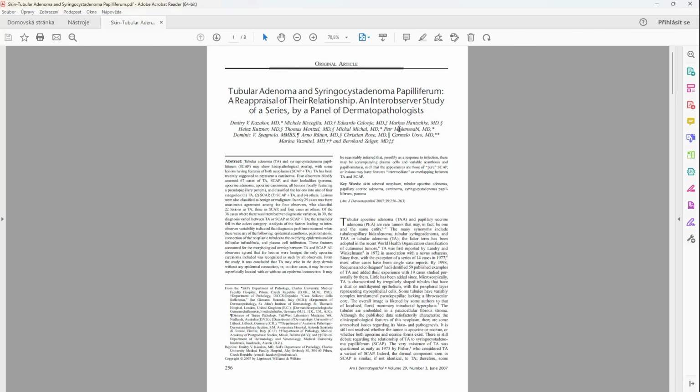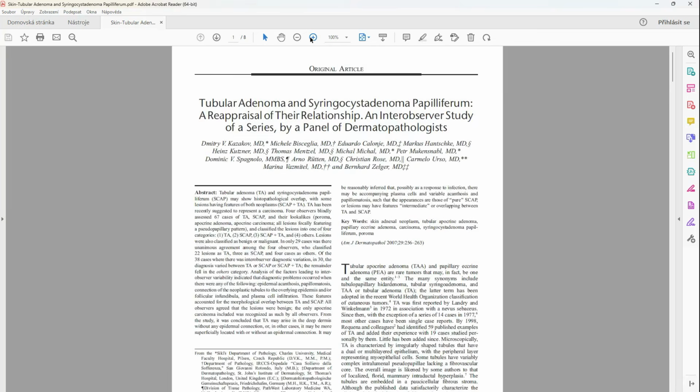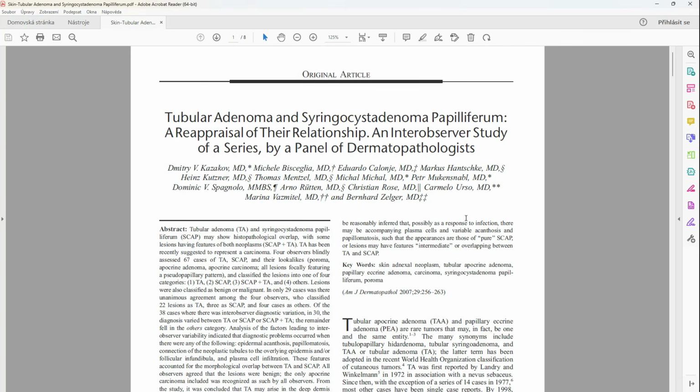And we found that this tubular adenoma, sometimes in the past called apocrine adenoma, and syringocystadenoma papilliferum are one and the same lesion. Just syringocystadenoma papilliferum is open to the surface of the epidermis.